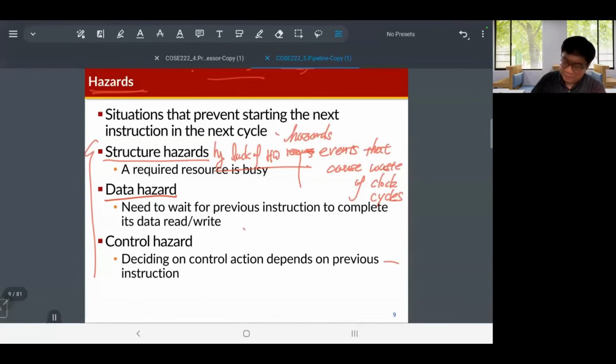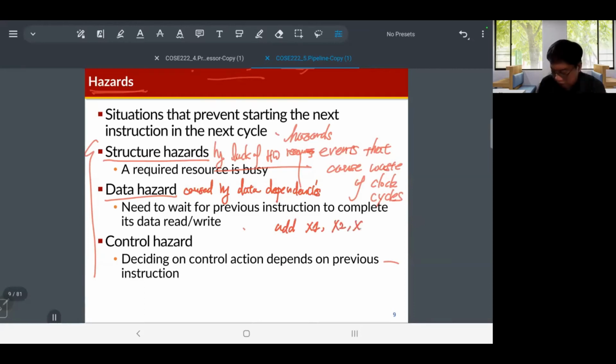For example, add x1, x2, x3, then add x4, x1, x5. If we see these instructions, the second add requires the result from the first add.